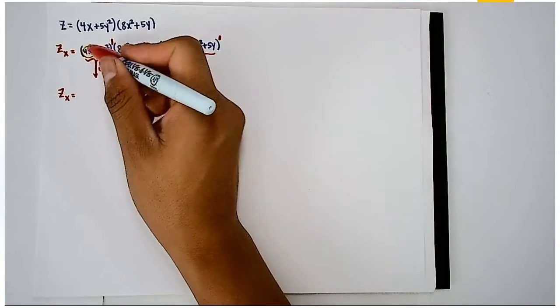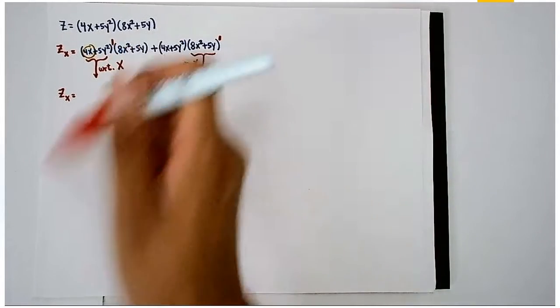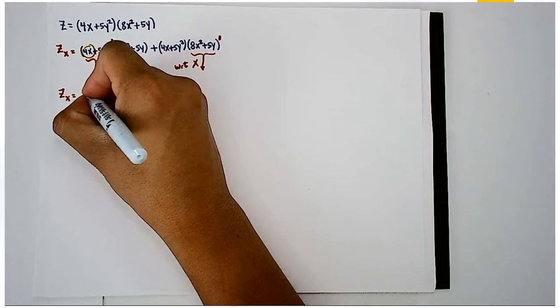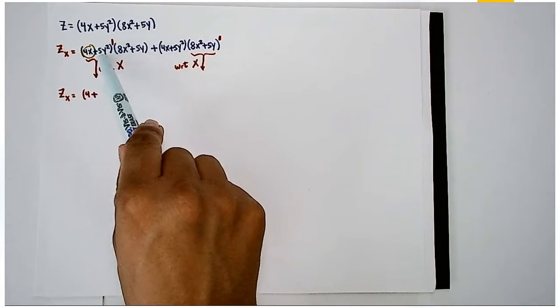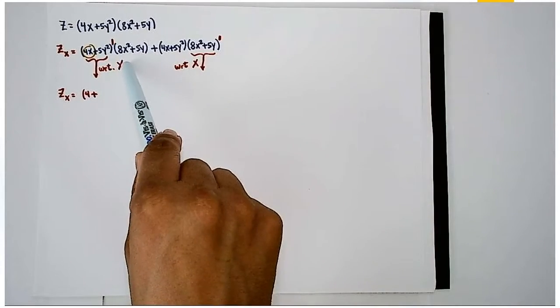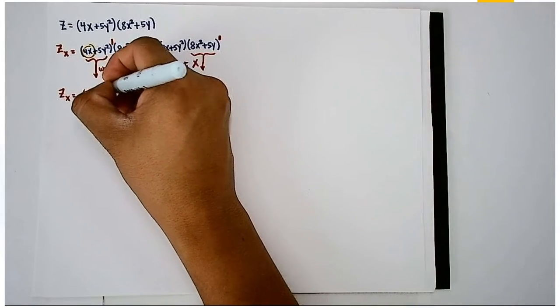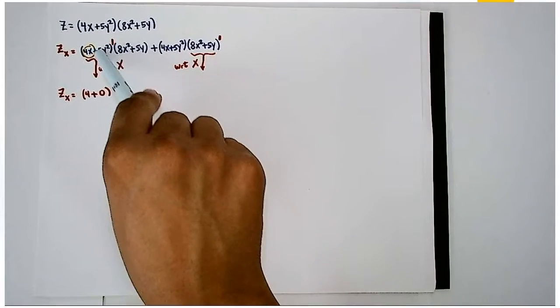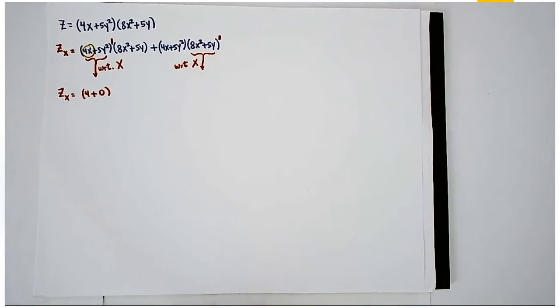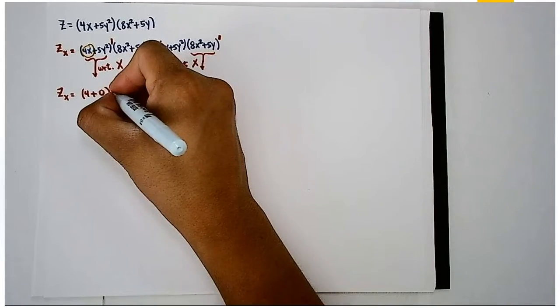The derivative of 4x with respect to x is simply 4. Plus, because 5y squared does not contain x, the derivative is simply 0. Because this means that this part is a constant. Times the second term.